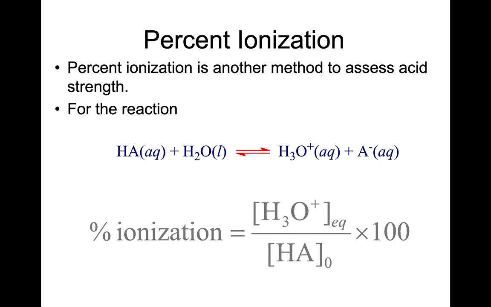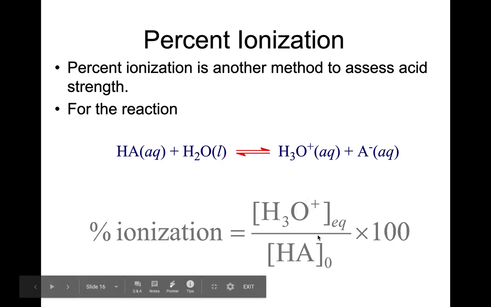One other thing we can calculate that goes hand in hand with this is percent ionization. This is just another way to describe an acid's strength. So again, for this same general reaction, the percent of the compound that ionizes would be the concentration of hydronium ion created, because that tells you how much hydrogen broke away and dissociated and ionized, over the initial concentration of acid you included.